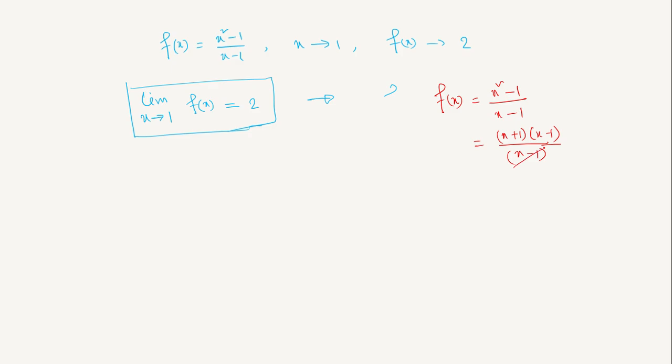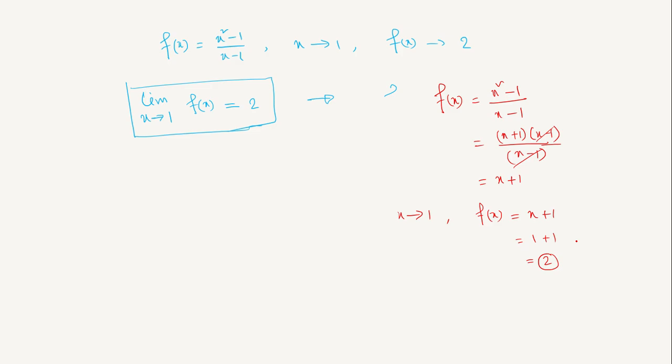We can cancel out x minus 1 by x minus 1, then we have x plus 1. Now if we put the value of x as x tends to 1, f of x equals x plus 1, that means 1 plus 1, so it will be 2.